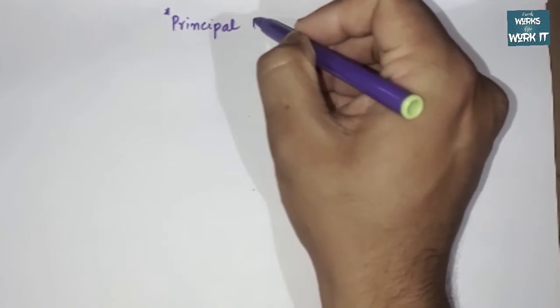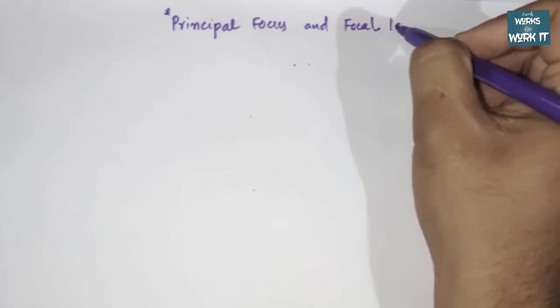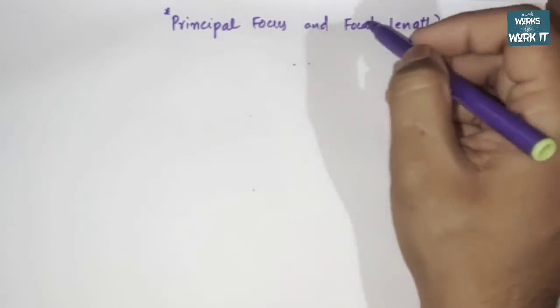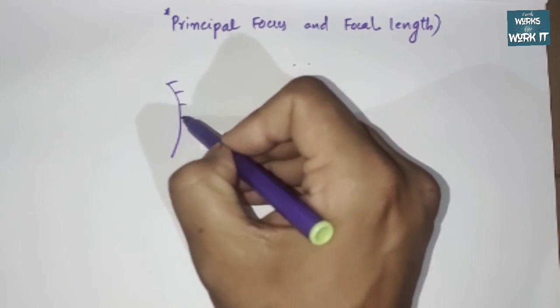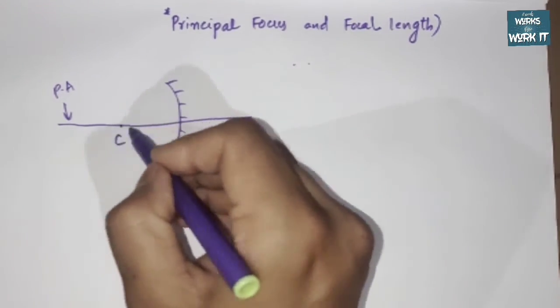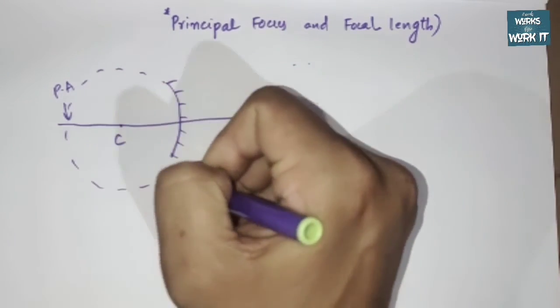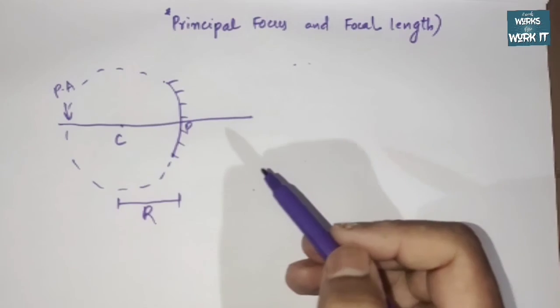So if I talk about principal focus and focal length, we will see again using the diagram. Suppose this is a concave mirror, this is the principal axis, this is the center of curvature, and this is part of a hollow spherical mirror.